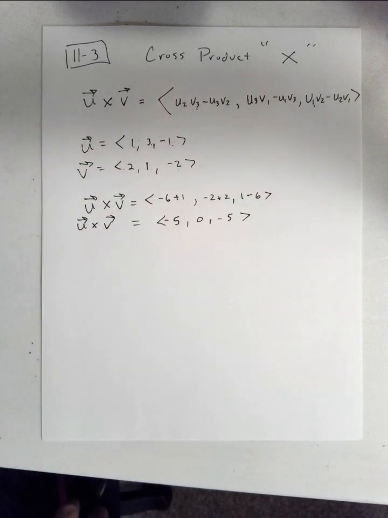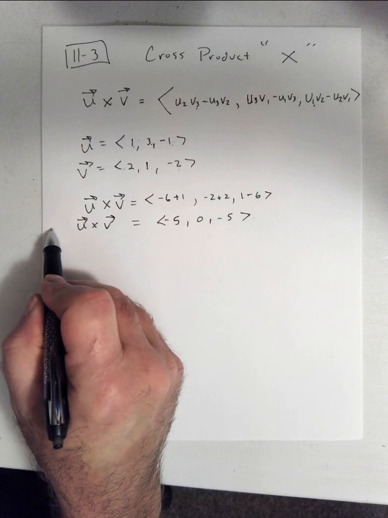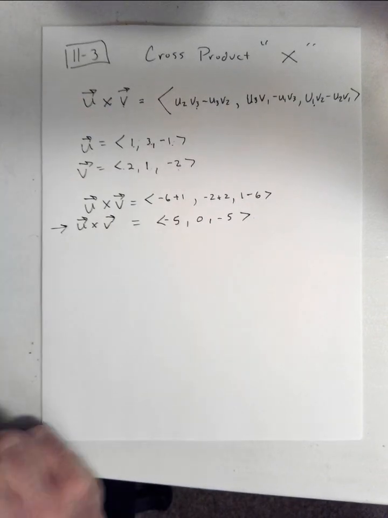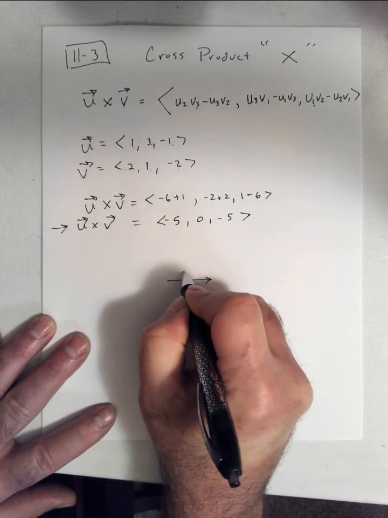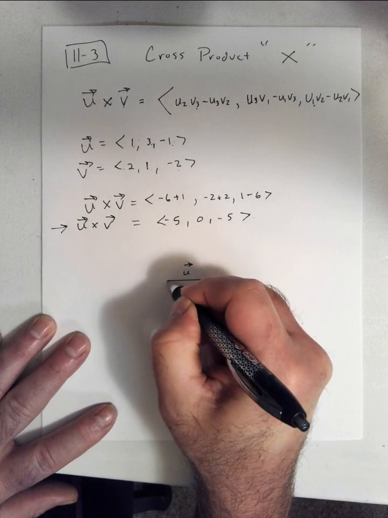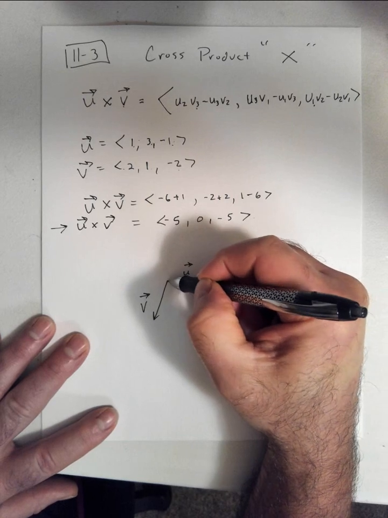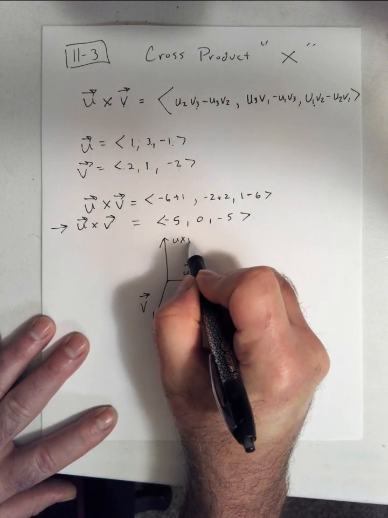Whoop-de-doo, you're saying, right? But its significance is that this vector right here, the cross product vector, is orthogonal to both u and v. In other words, if this is u and this is v, this vector is u cross v.